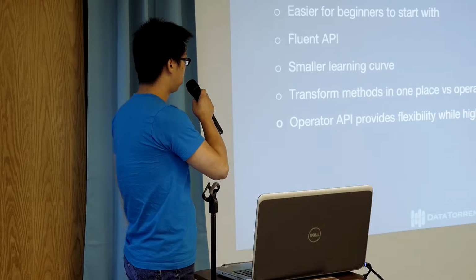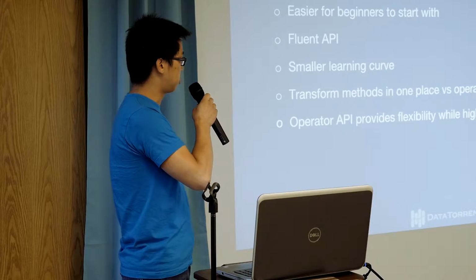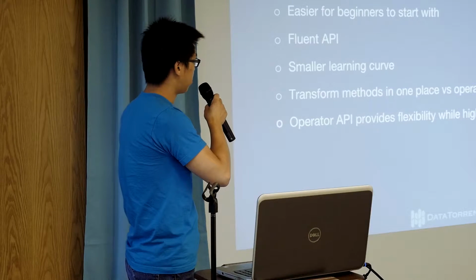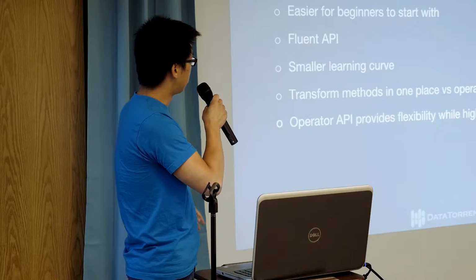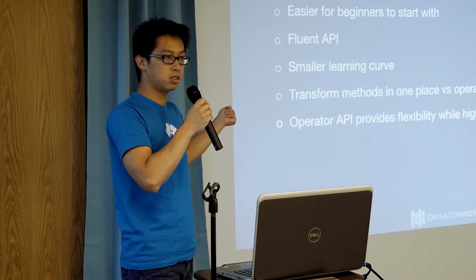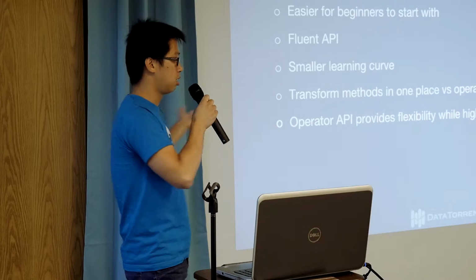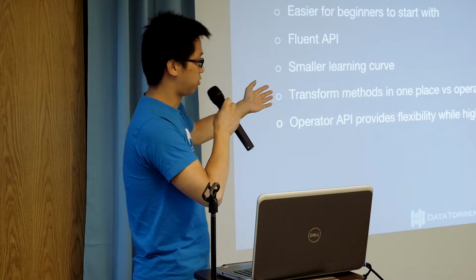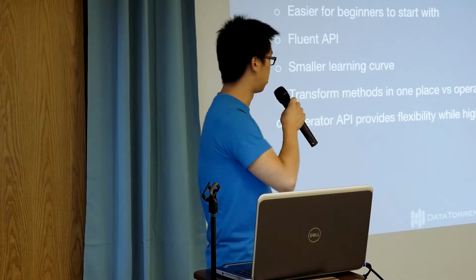And also, like I said, for now, it's difficult to find the operators. So we want to put some very useful transform methods into one single interface that users can easily find, versus doing it in separate operators.